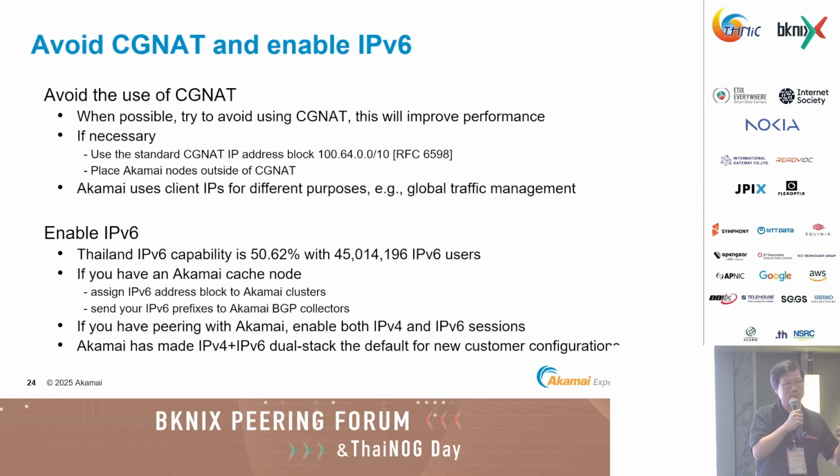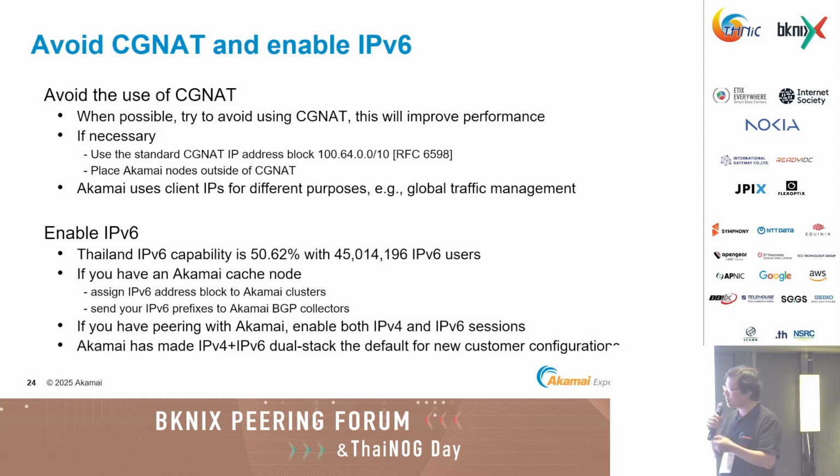And of course, I would strongly recommend that you implement IPv6, because this is the way to go. If you have a problem with IPv6 assignment, or you want to understand more about how to implement IPv6, you can approach the APNIC help desk. They have resources for technical assistance.